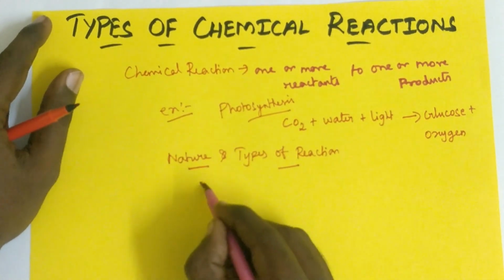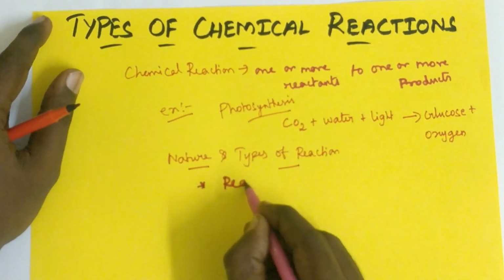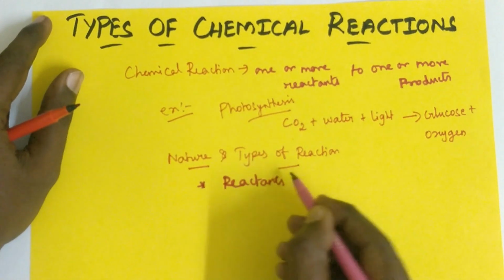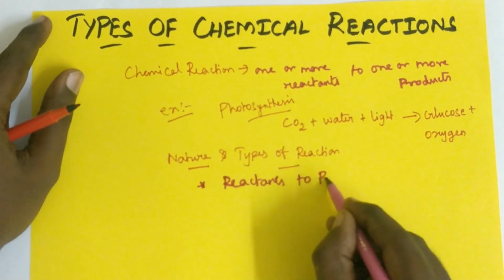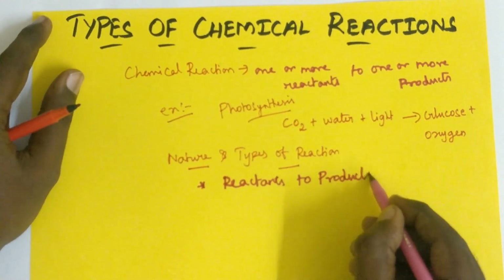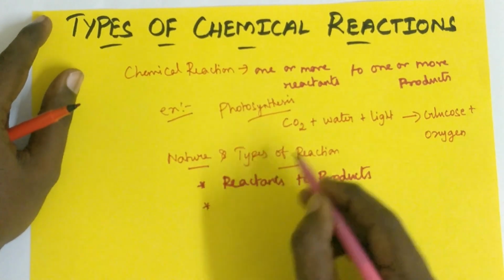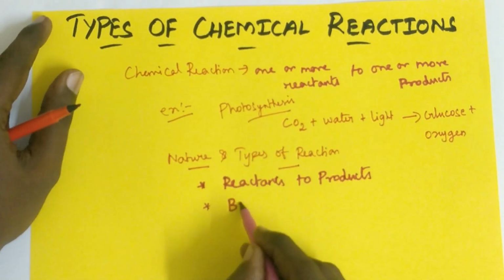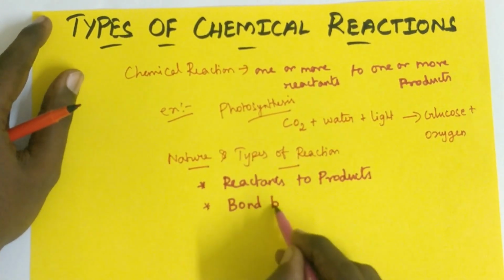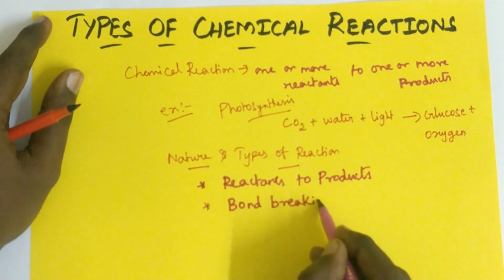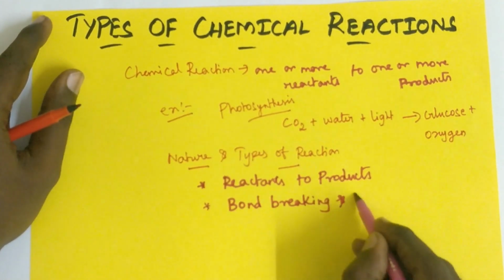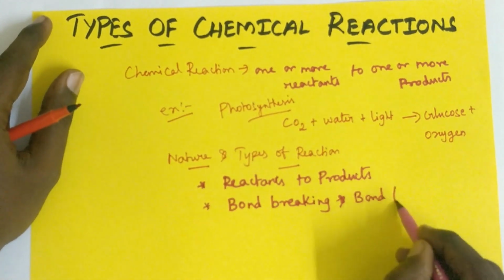Three things will happen. One is reactant is converted into products. Second, in this reaction bond breaking and bond formation takes place.